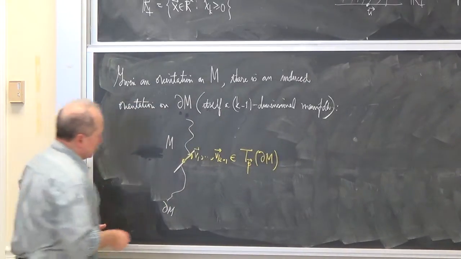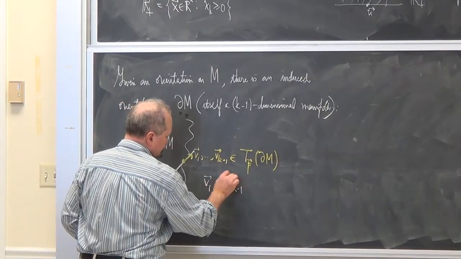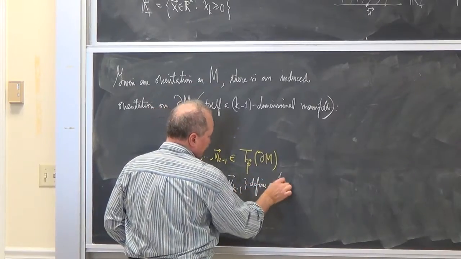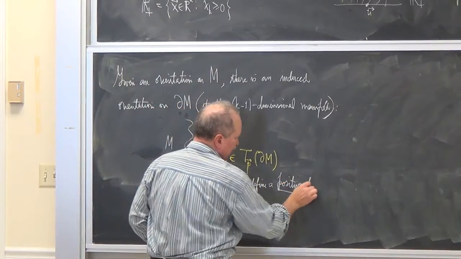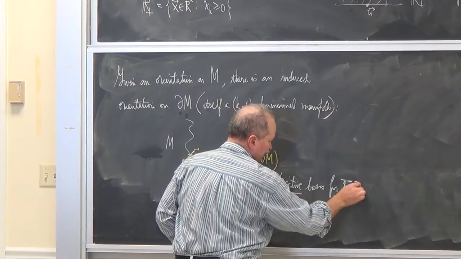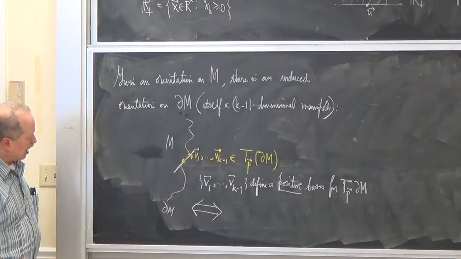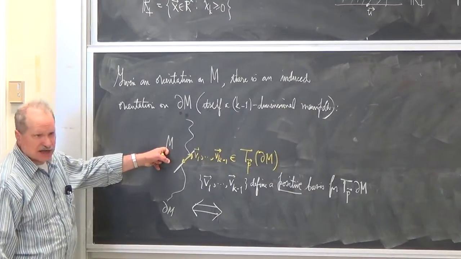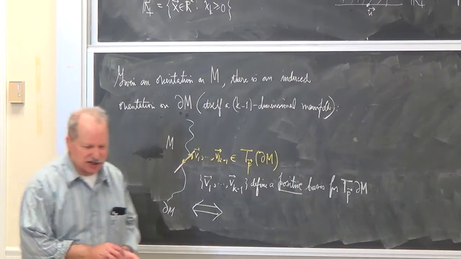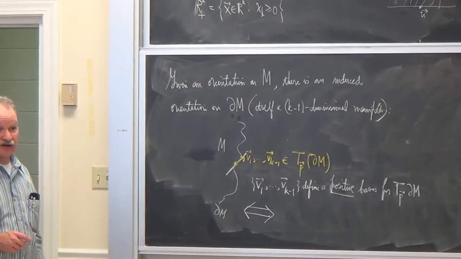And I'll say they define a positive basis for the tangent space of the boundary. By definition, I need to relate it to a basis for the tangent space to M. So what am I missing from these guys in the boundary? What do I need to get a basis for the tangent space of M? I need one more vector.